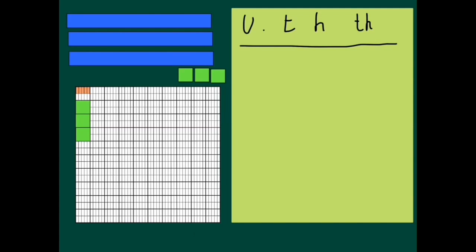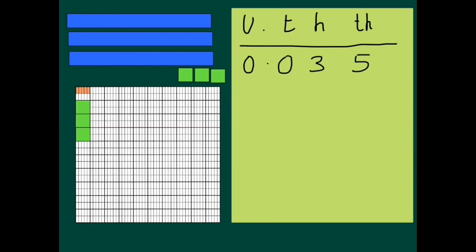This time the number's a little bit trickier. I still don't have any units, no whole ones. And I don't have any tenths. But now I do have some hundredths shaded in. I have 3 of them. And I have 5 thousandths shaded in.